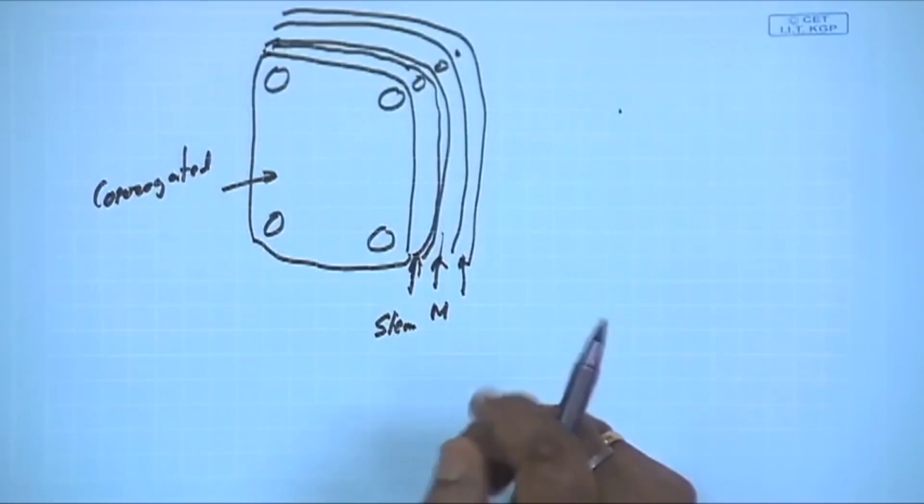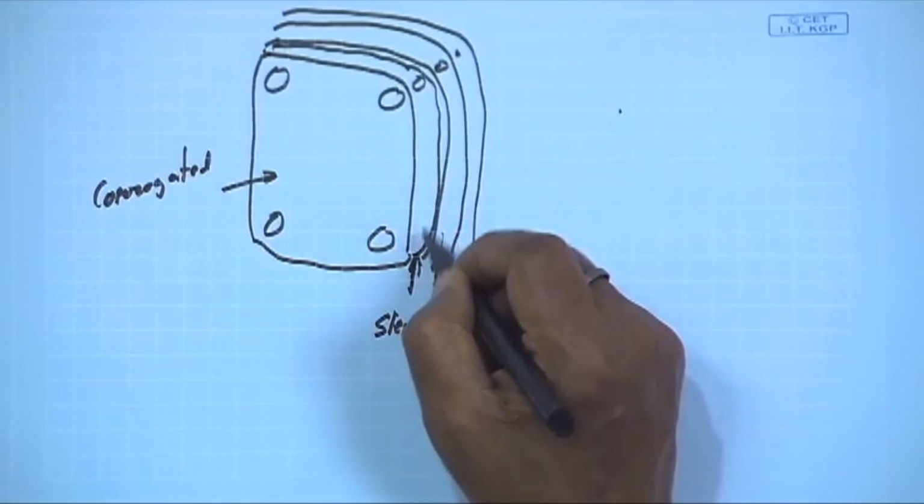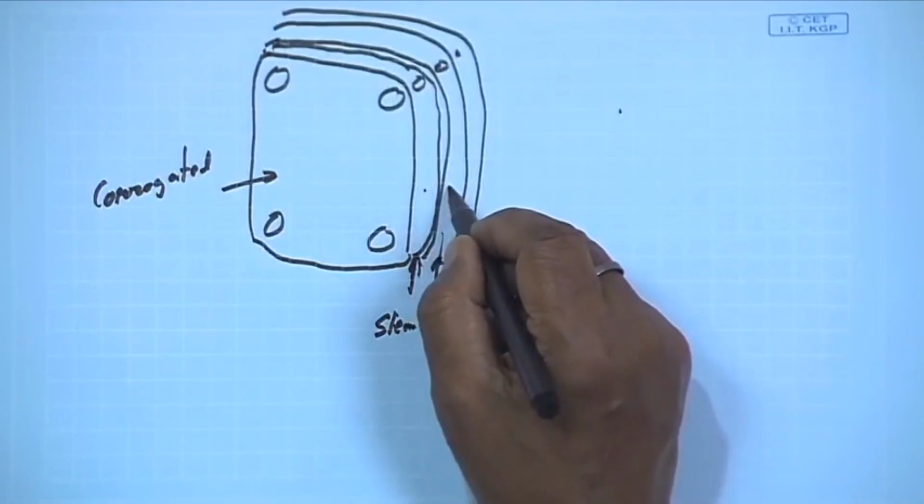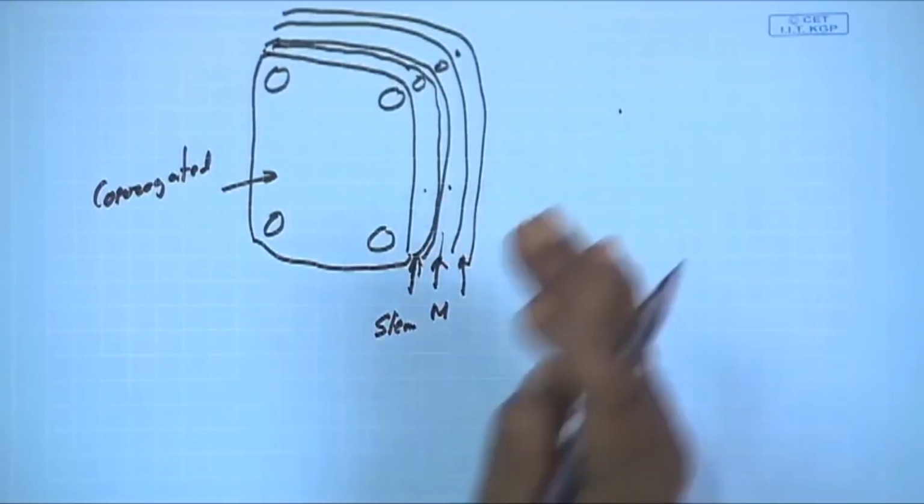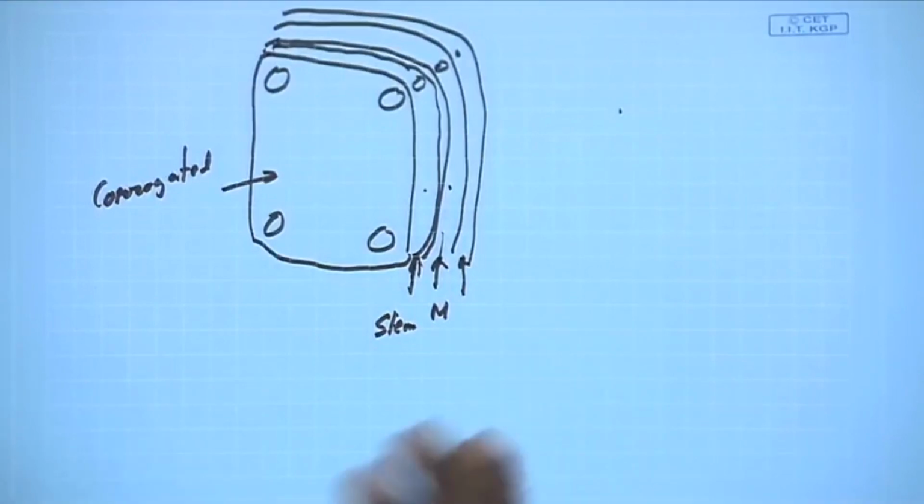Another problem is that suppose this is the steam, that means it is a high temperature, and this is the liquid. So there is a possibility that there is a scale formation on the surface of the plate. Now if there is a scale formation on the surface of the plate, then what will happen? The conductivity of the material will be lost. If the conductivity of the material is lost, then what will happen?